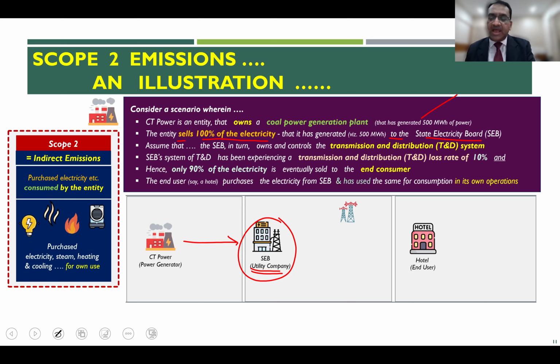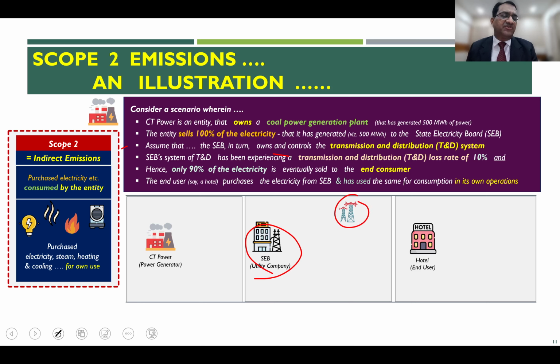Now assume, if you look at the third point, that the state electricity board, in turn, is owning and controlling the transmission and distribution system, right? And this transmission and distribution system historically has been experiencing a loss rate of 10%.